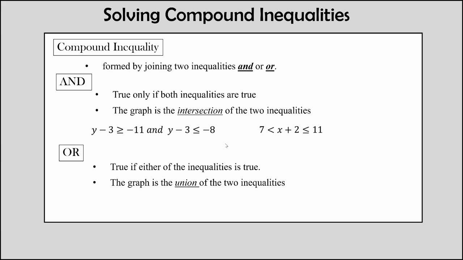This would be done by making the union of the two graphs of the individual answers. And when you're given these problems, they're going to give you a two-step inequality joined with the word or and another two-step inequality. The variable is going to be the same because it's the same variable I'm comparing in each one of these inequalities. So that's a little bit about the and and the or.